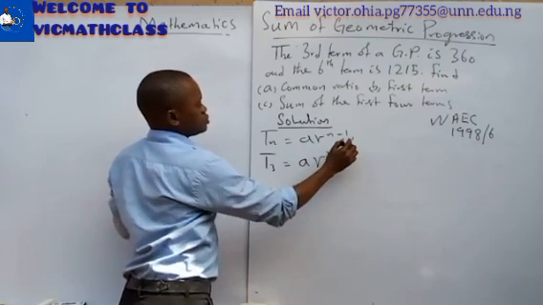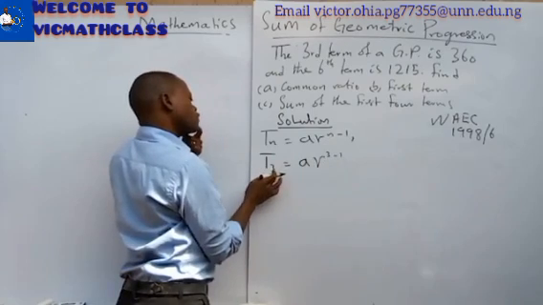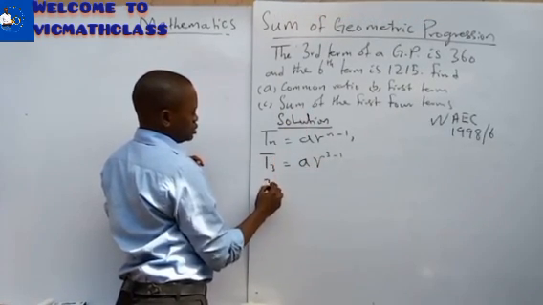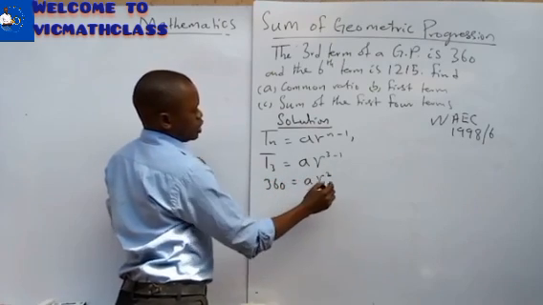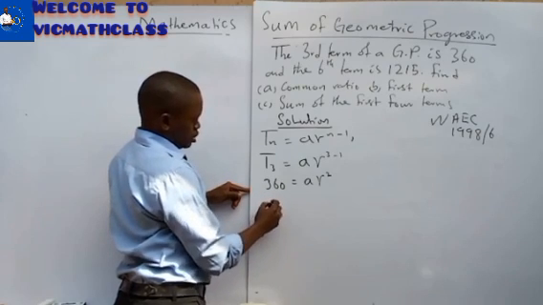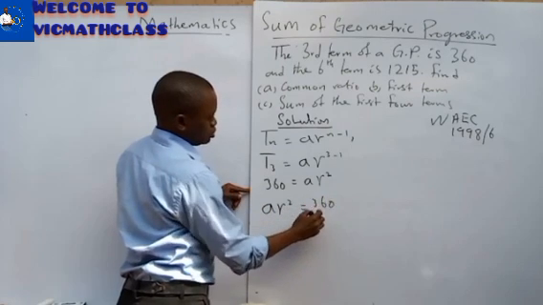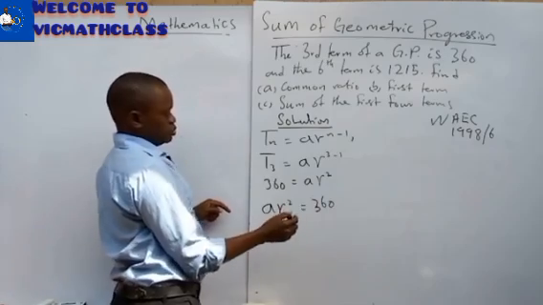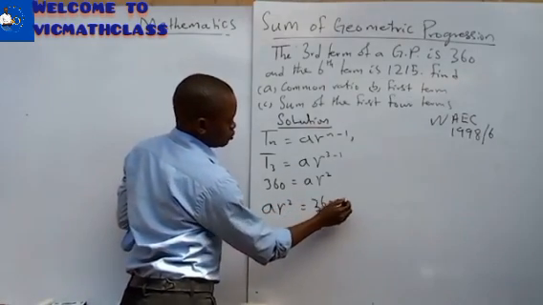This T3 is given to us as 360, equals a r raised to power 2. So I can write it as an equation: a r squared equals 360, equation 1.